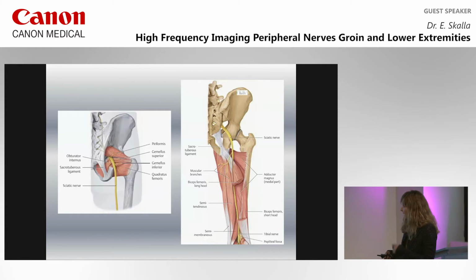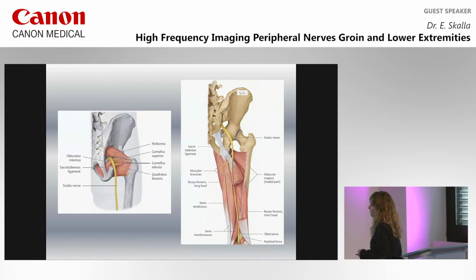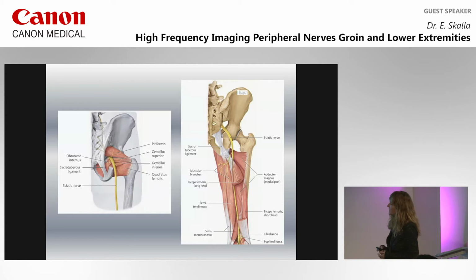It gets its fibers from L4 to S3, and then exits the pelvis through the foramen ischiaticum, through the infrapiriform part of this foramen. It runs under the piriform muscle, usually, and then over the gemelli and the obturator internus.